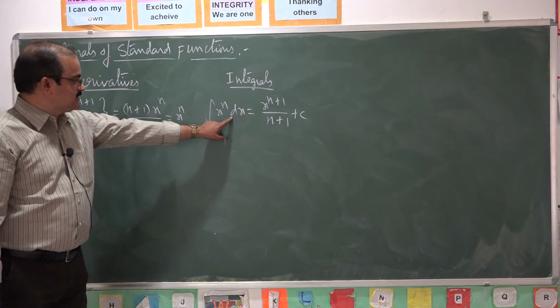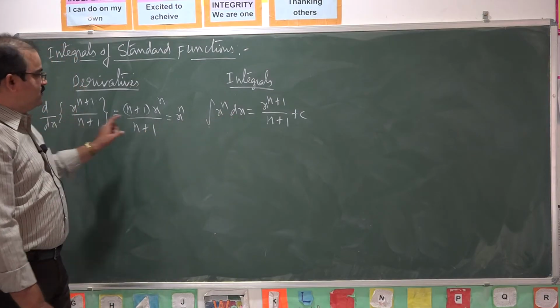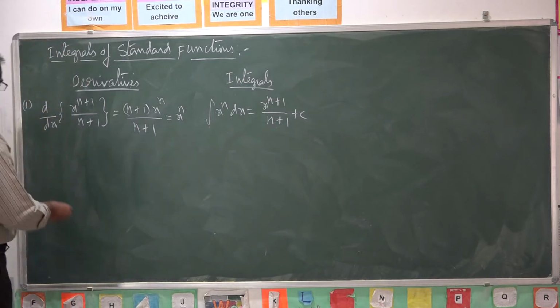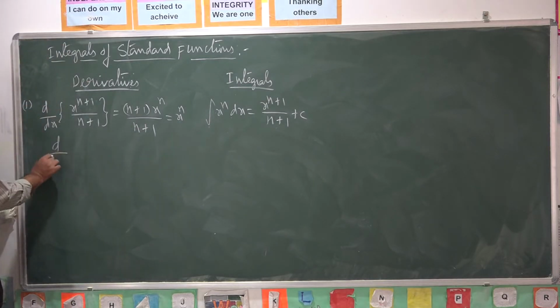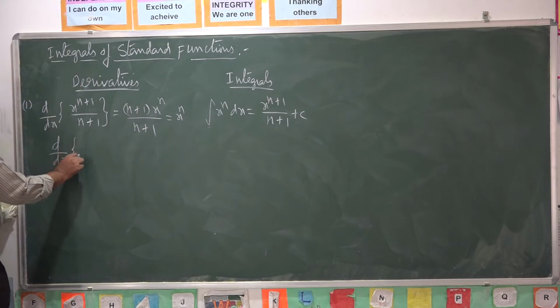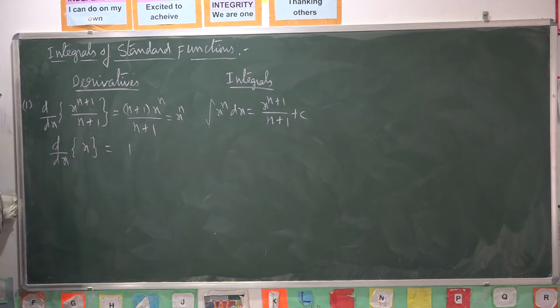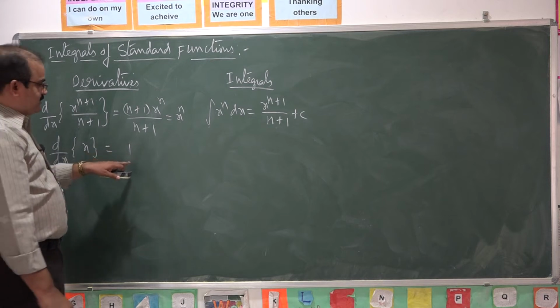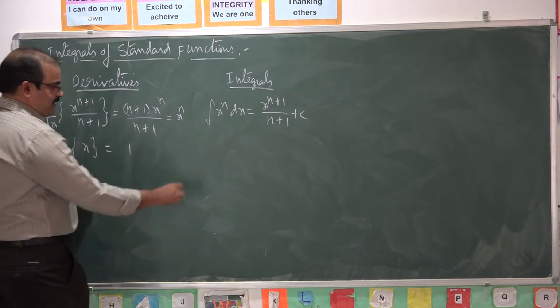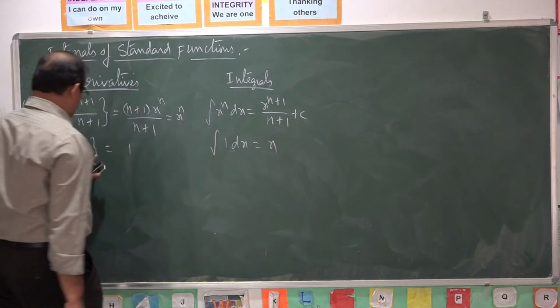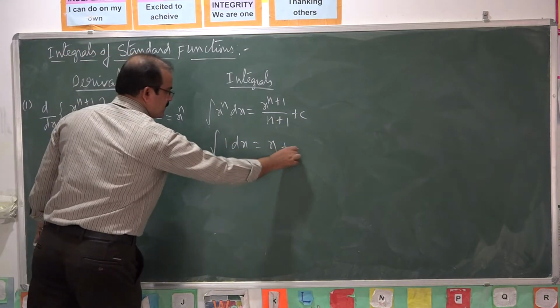So integral x power n dx is equal to x power n plus 1 by n plus 1. Similarly, d by dx of x, you know the derivative of x is 1. We write this in terms of integral as integral 1 dx, that is equal to x plus c.